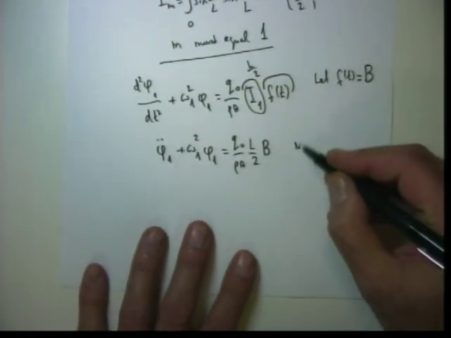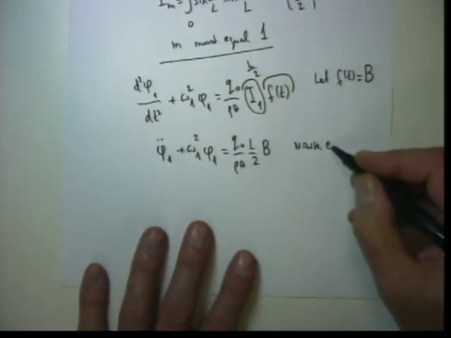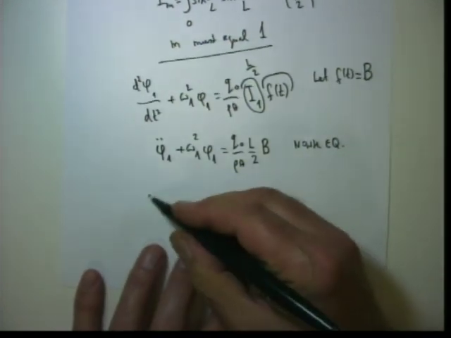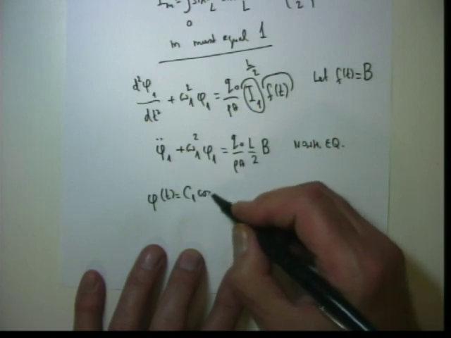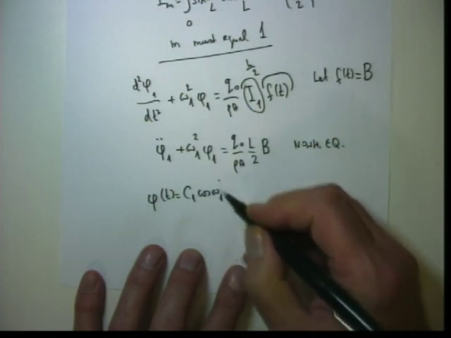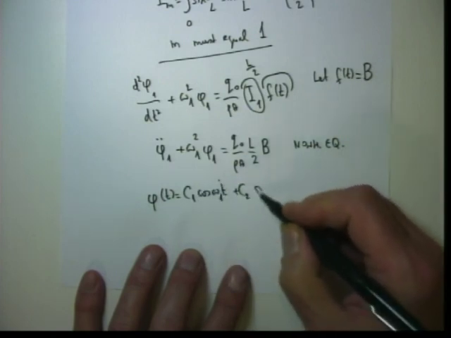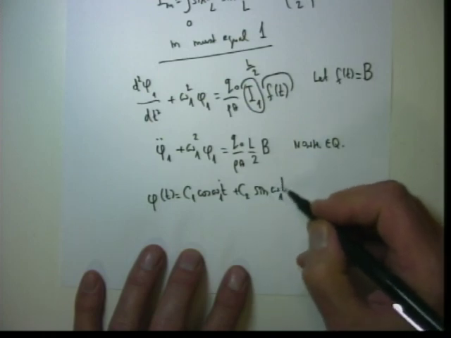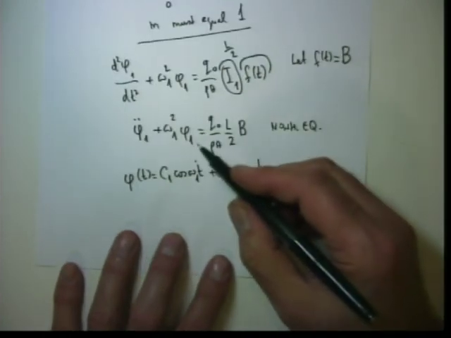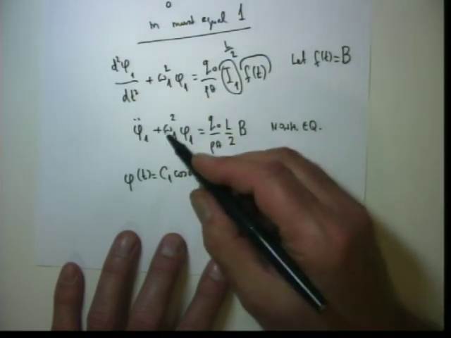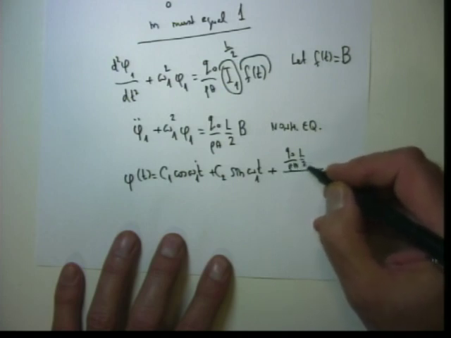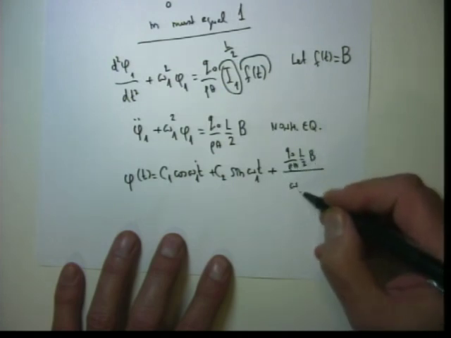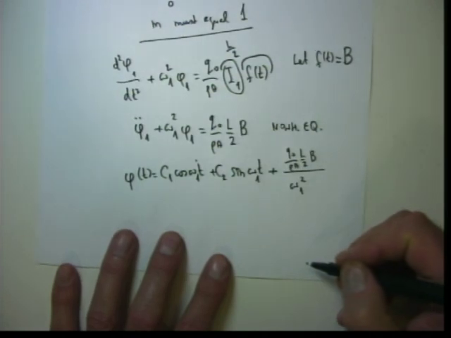Now this is a non-homogeneous equation. So therefore phi of t equals c1 cosine omega 1 t plus c2 sine omega 1 t plus particular solution, which would be this divided by this coefficient. So it will be q sub 0 rho a L over 2 b divided by omega 1 squared, constant.